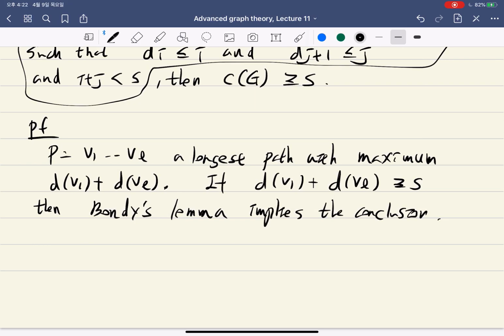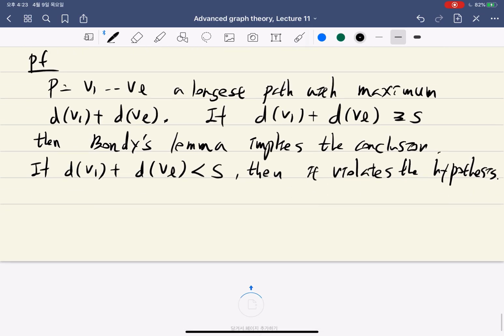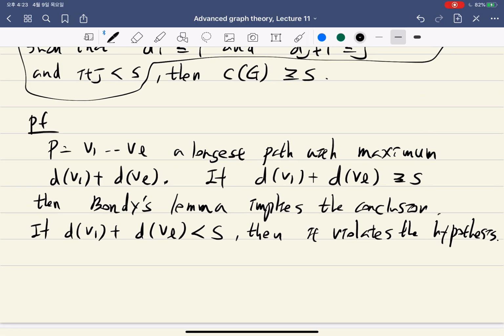So what we want to show is that if the degree sum is smaller than s, then it violates the hypothesis. So we show that.